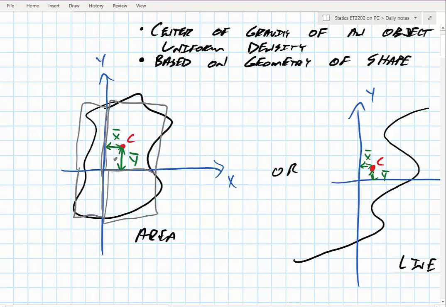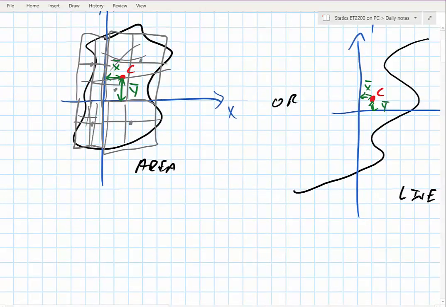Each one would have its own centroid, and then I would take the average of those 4 squares. And of course, it'd be more accurate if I broke it up into as many squares as I could. And you've probably seen this before in calculus, where you can take smaller and smaller shapes, approach a limit, and define what it would be.